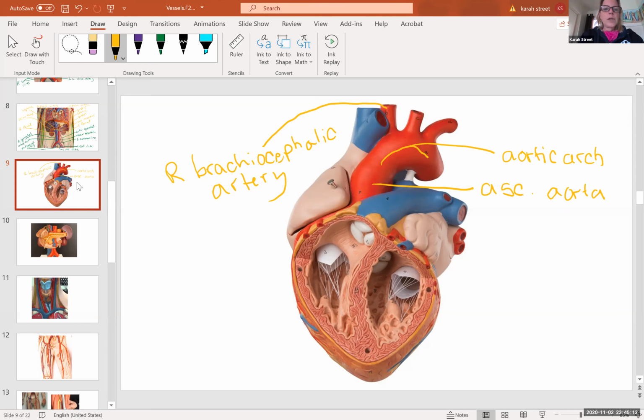But off the aortic arch, for the left side, we don't have a left brachiocephalic artery. We have the left common carotid and the left subclavian, which once it goes underneath the clavicle and exits from underneath the clavicle, turns into the axillary artery.